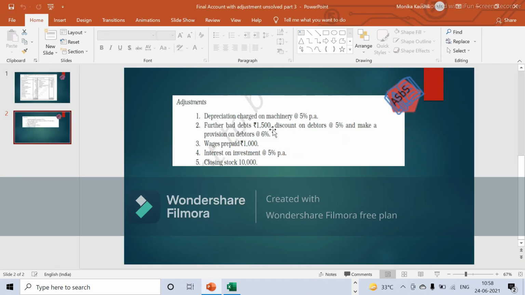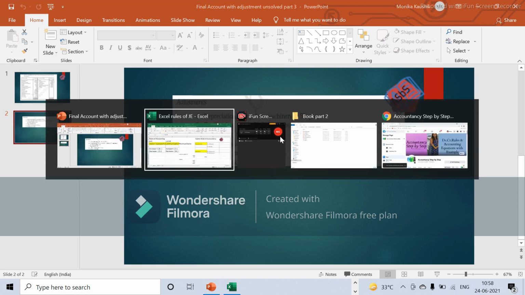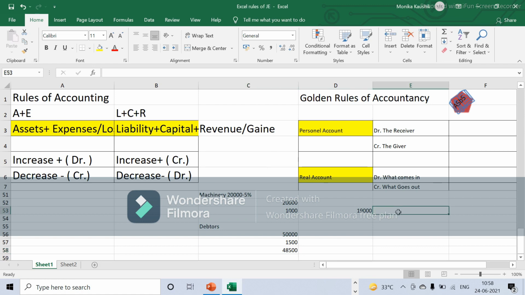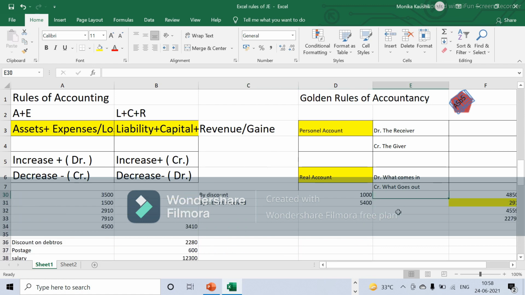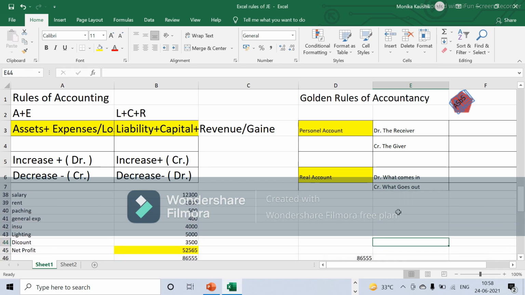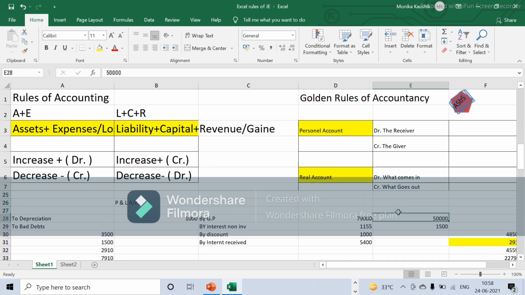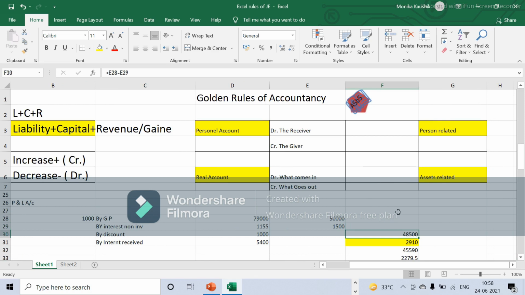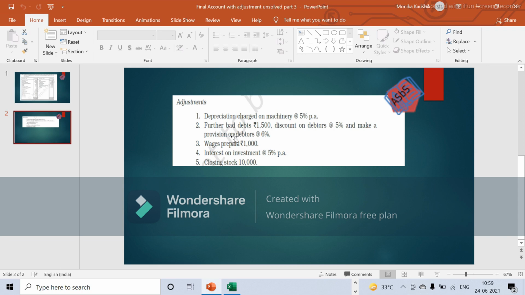Now the next one is discount. I will deduct that later. First of all, make a provision for debtors 6%. So the new provision I will have to deduct from here. We must have calculated the new provision yesterday, or for your convenience I can calculate here also. So this was the calculation. Here 6% I have charged on this. 6% was the provision for doubtful debts.